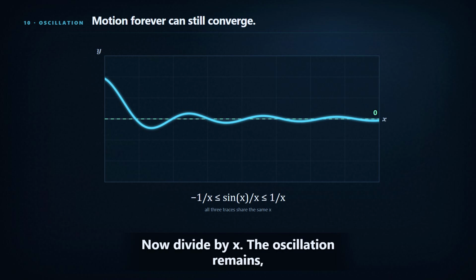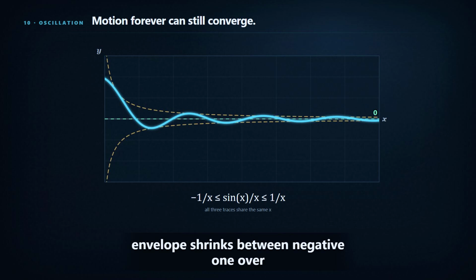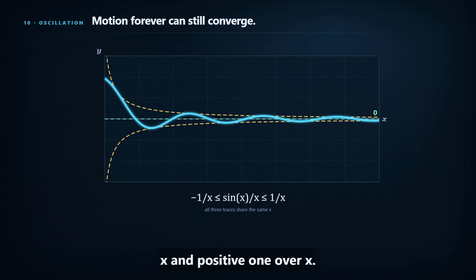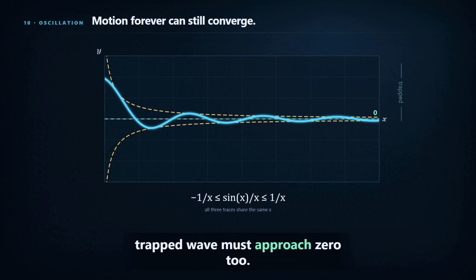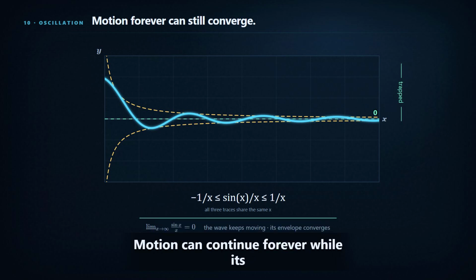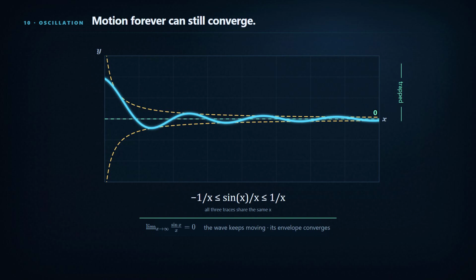The oscillation remains, but its envelope shrinks between -1 over x and +1 over x. Both walls approach 0. The trapped wave must approach 0 too. Motion can continue forever while its amplitude converges.